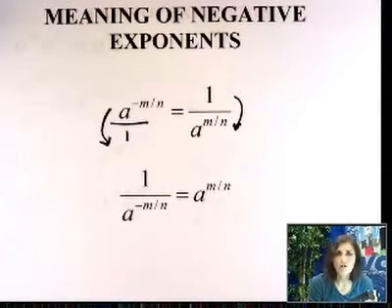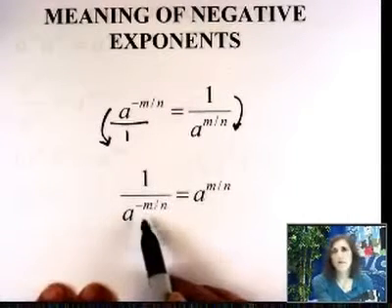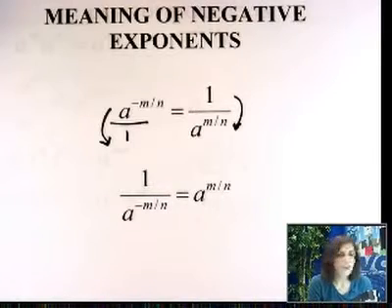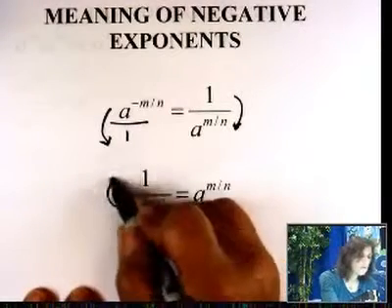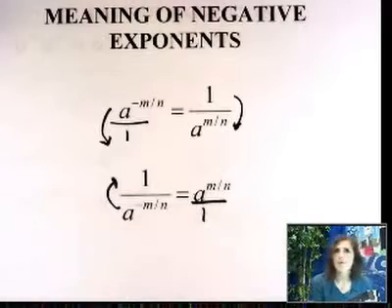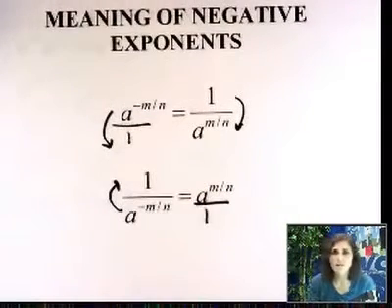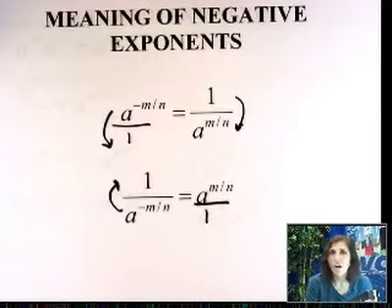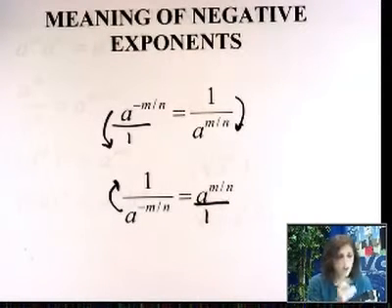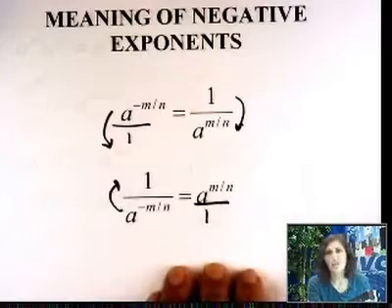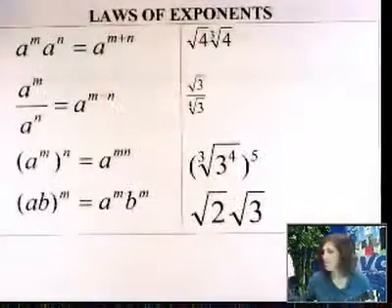It does not belong there. So let's look at this one. It's in the denominator. What does that mean? That means it has to jump to the numerator. Remember, there's a hidden 1 in there. So when you see a negative exponent, always move it to where it belongs. Don't leave it there. That's true also for just regular exponents.